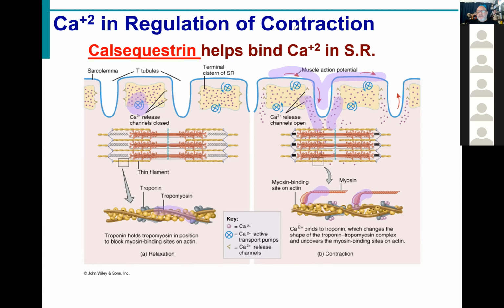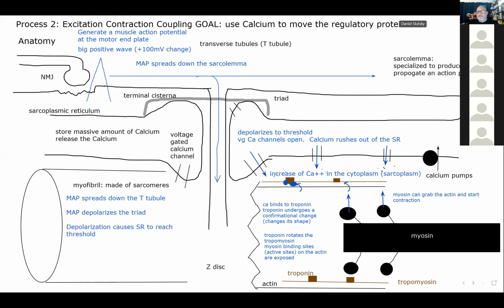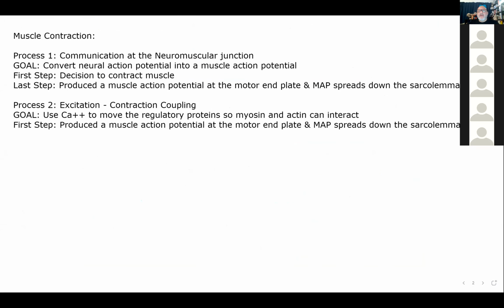Then let's do two things. Now we can come back to our table here. Now that we've talked about the process, what is the last step of excitation contraction coupling?